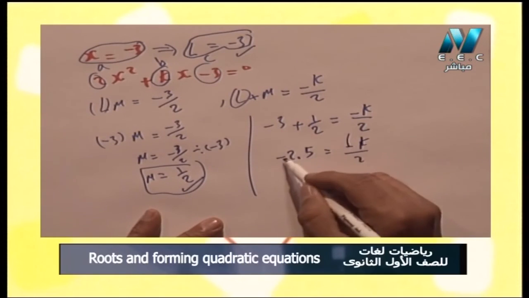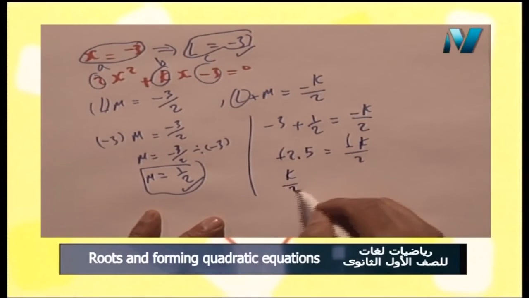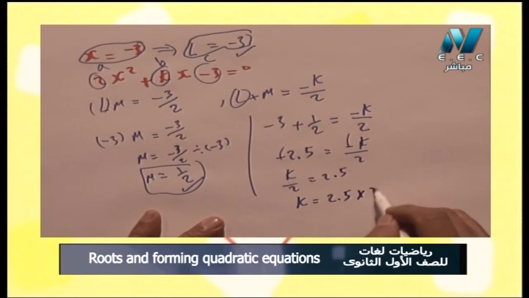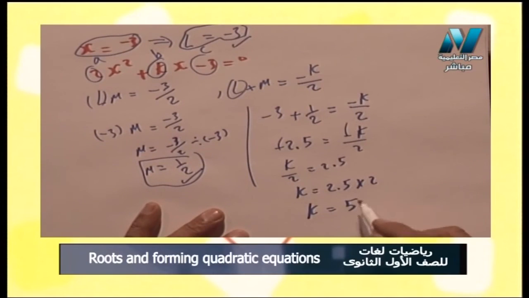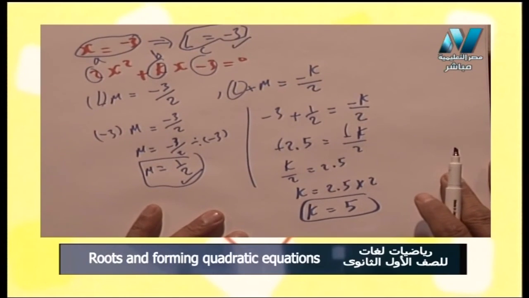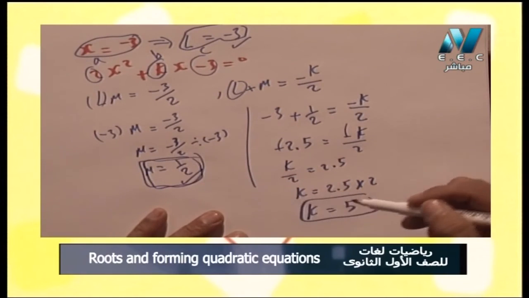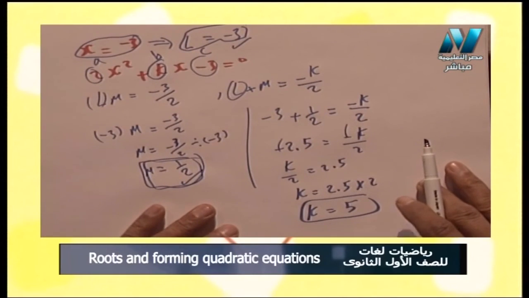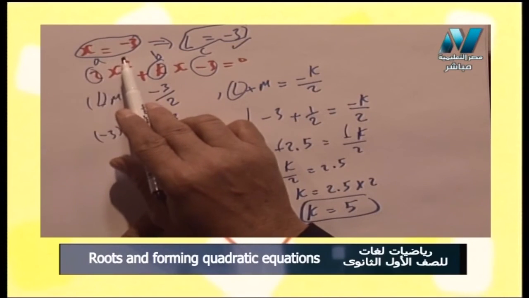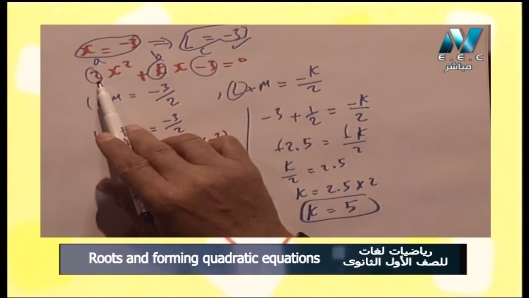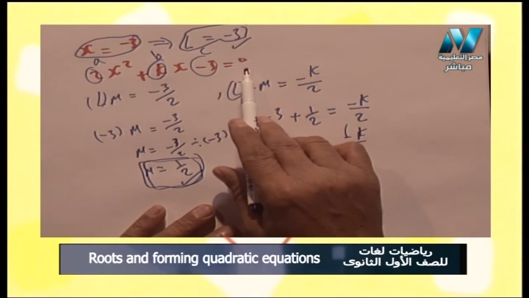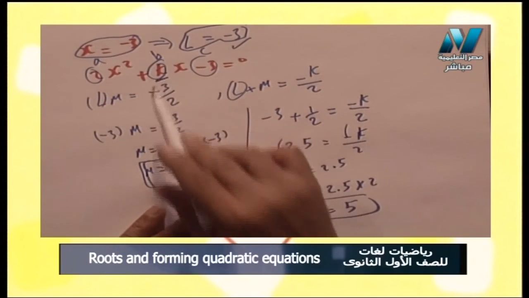We cancel negative with negative. k over 2 equals 2.5, so k equals 2.5 multiplied by 2. So k equals 5. And we have found the second root, which is 1/2. It is the second method to solve this question: if x = -3 is the first root of the equation 2x^2 + kx - 3 = 0, find the second root and the value of k.